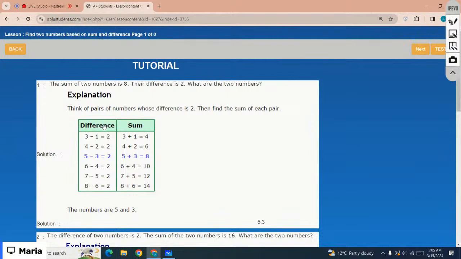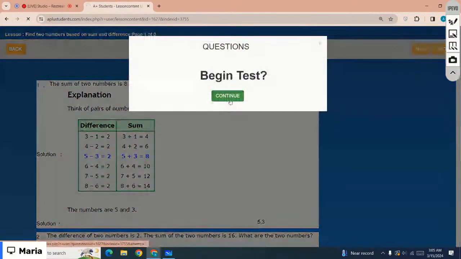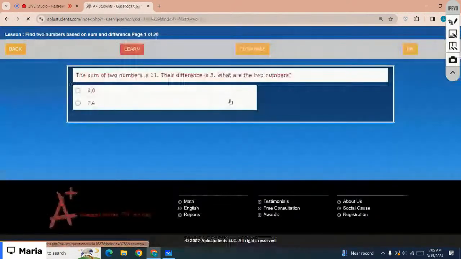Okay, let's just start with the test questions. Okay, the sum of two numbers is 11. Their difference is 3. What are the two numbers? So you have to find the two numbers when you add them.